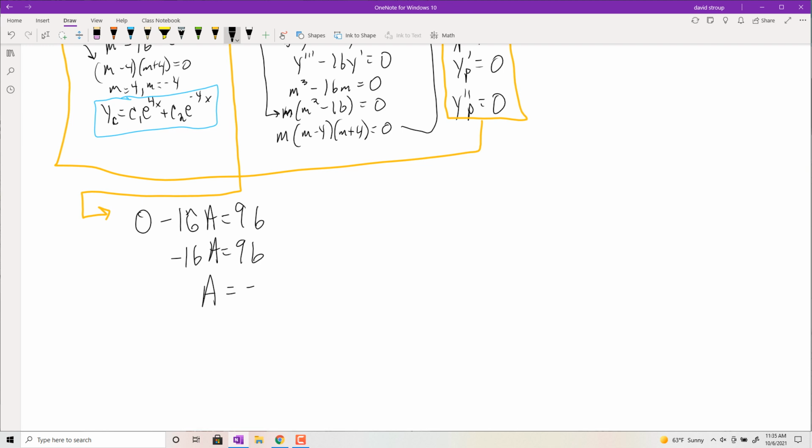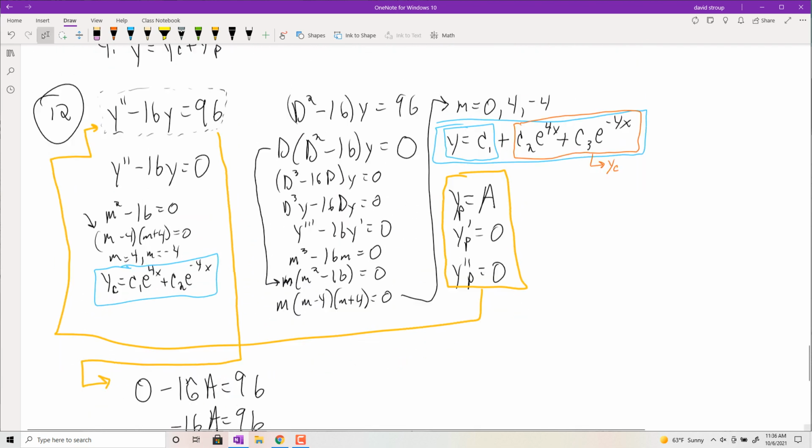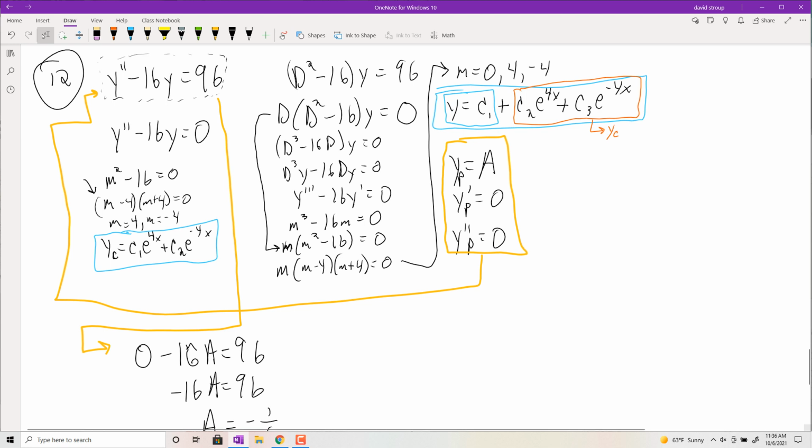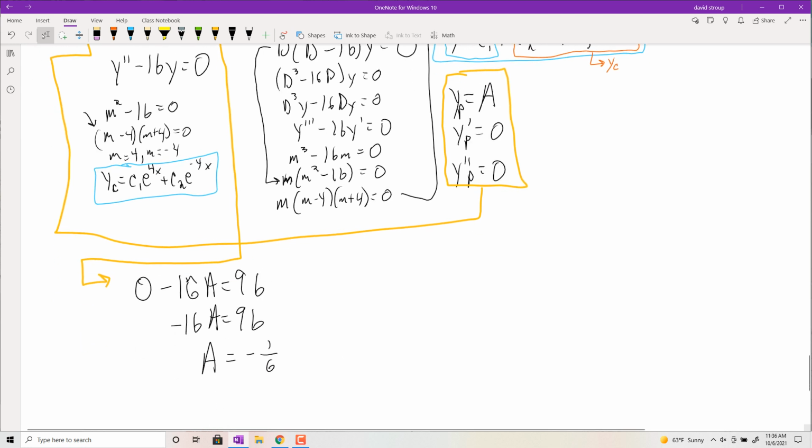I get negative... 16 divided by 16. 96 is 1/6. So it's negative 1/6. So my final solution then is y sub p plus y sub c.